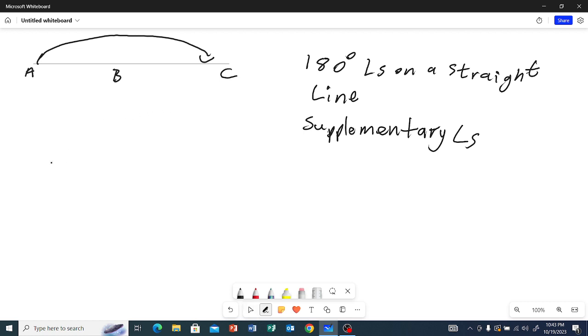Then we also have what we call a right angle. We also have something like this at 90 degrees, and we call this a right angle.